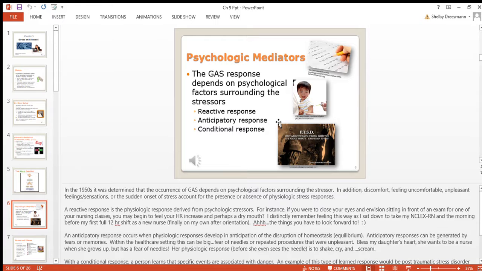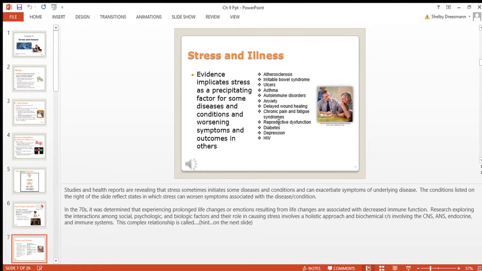Okay, moving on. Stress and illness. Evidence implicates stress as a precipitating factor for some diseases and conditions and for worsening of symptoms and outcomes in others.